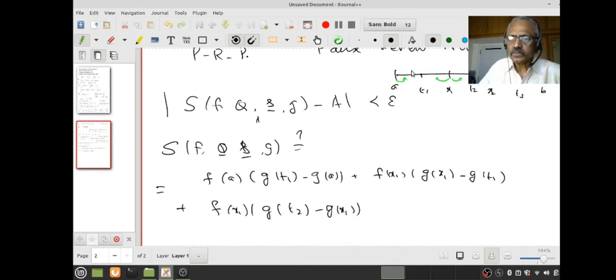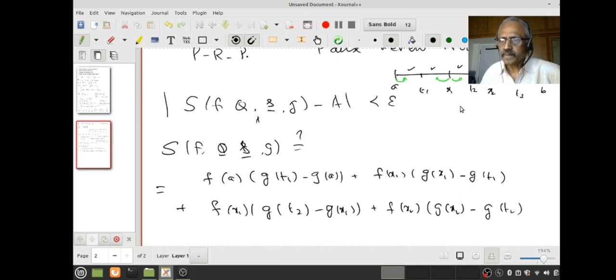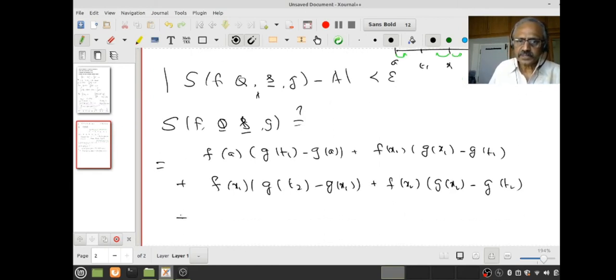Okay, so I have done this, I have done this, I have done this. Plus third one. Okay, this is done, so I have to do T2 to X2. Therefore, what is the tag there? F of X2 into G of X2 minus G of T2. So I have done this also. You just have to write a very general case, if you are worried about it.